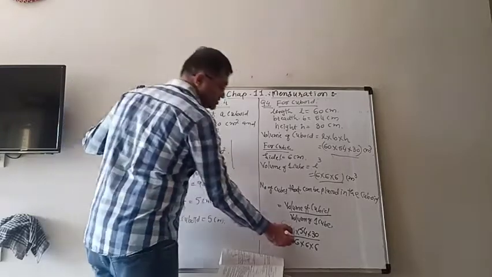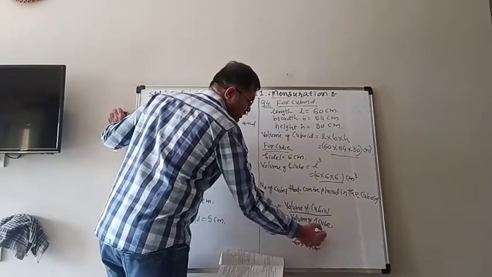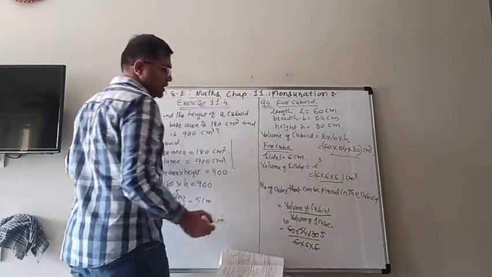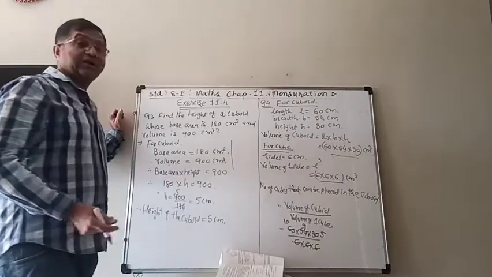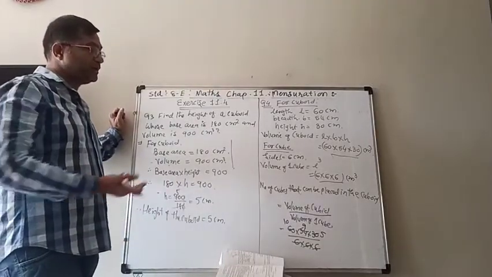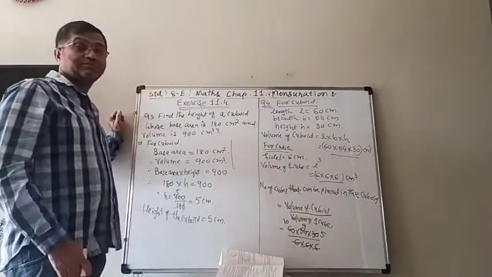Now you can see that 6 tens are 60, 6 fives are 30 and 6 nines are 54. So here cancellation is easier, but if you multiply it, then you have to do the division again.